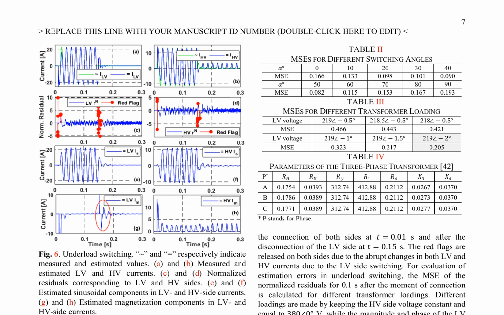The normalized residuals are presented in Figs. 6c and d, highlighting the abrupt changes in both LV and HV currents due to the LV side switching. The estimation errors in underload switching for different transformer loadings are evaluated, as presented in Table 3.